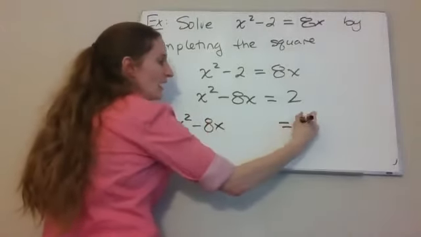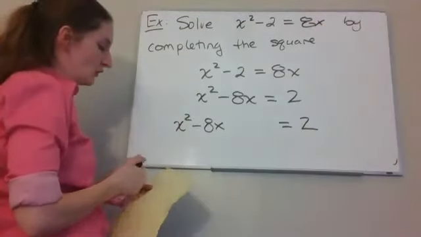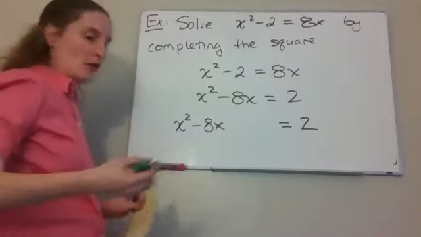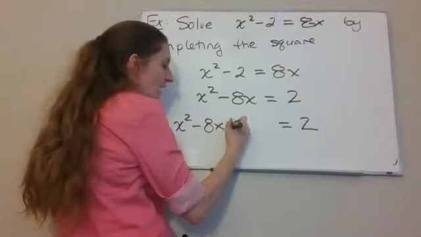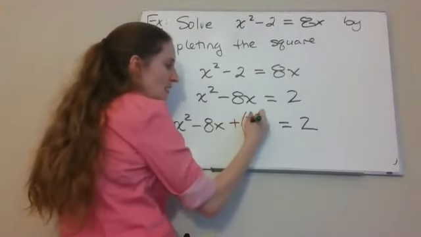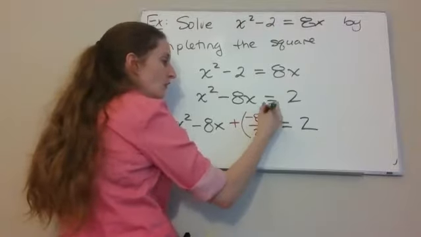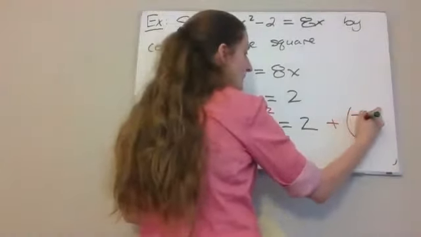So here's what I have. And we are supposed to, according to step 3, add b over 2 squared to both sides of this equation. So I'm going to add my b, which is negative 8 over 2, squared to both sides of my equation.